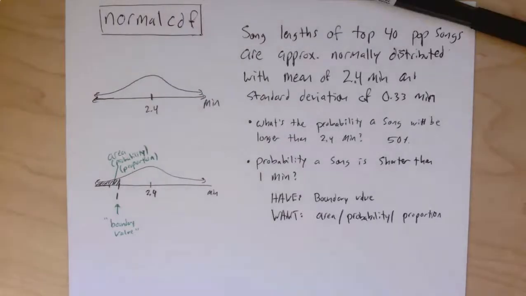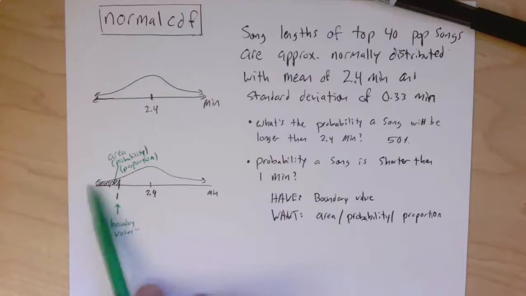So whenever the information you have is a boundary value, like 1 minute, and what you want to find is the area under the curve, or the probability of a song having a particular value, or the proportion of songs that have a particular value, all of these three ideas are the same because they all correspond to a shaded area on one side or the other of the boundary value.